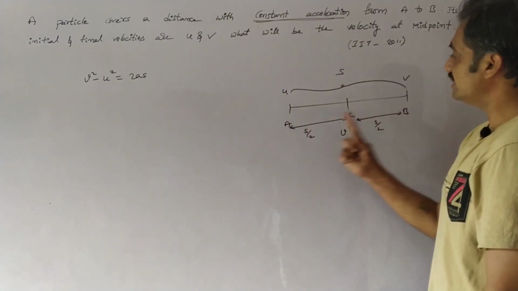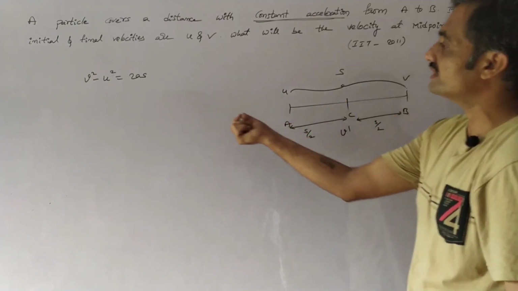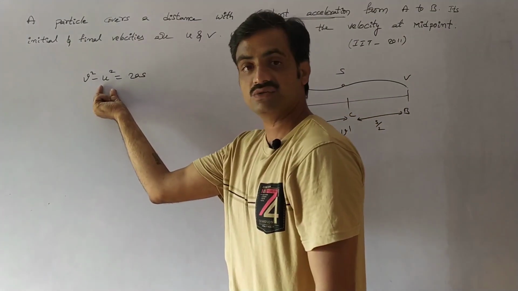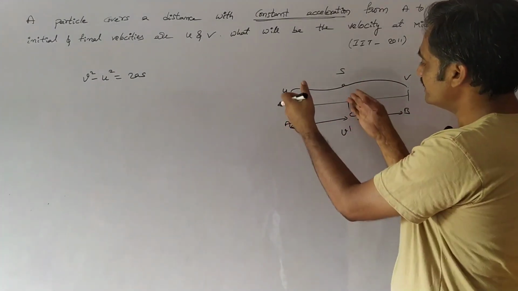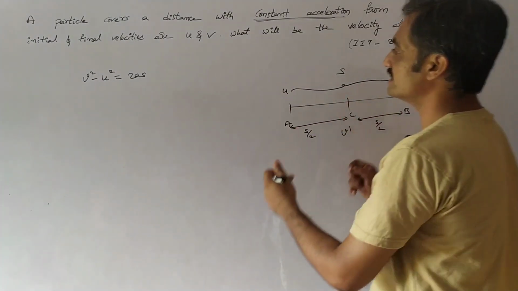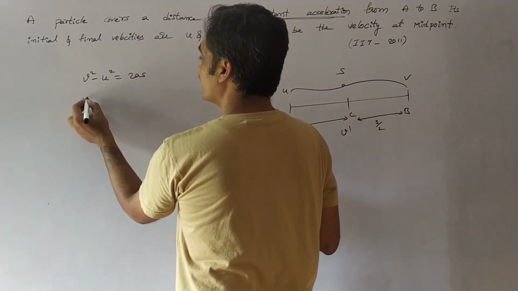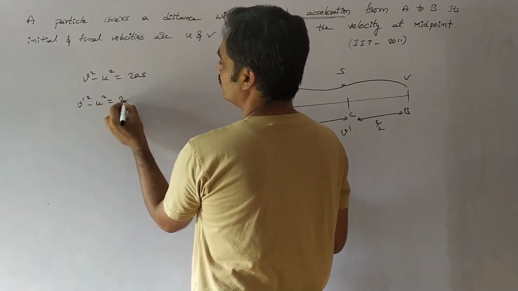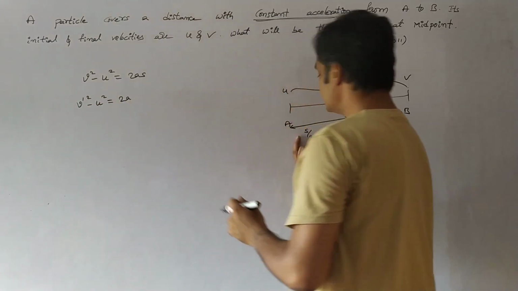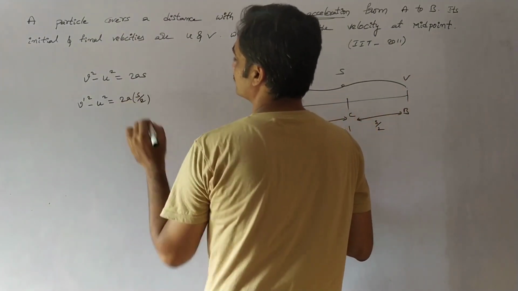For the total length travelled by the particle from point A to B, it is v square minus u square equals 2as. For half of the distance, this kinematic equation can be represented as v dash square minus u square equals 2 into a into s by 2.